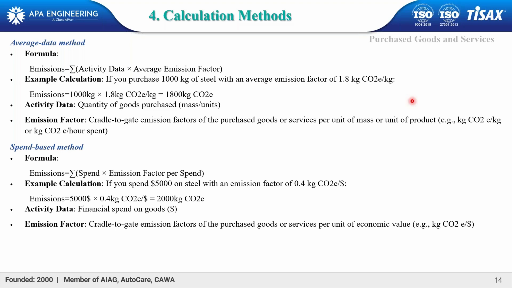Finally, the spend-based method. This method simplifies calculation by using financial data, which is particularly useful when the physical activity and other data is unavailable. For example, spending $5,000 on steel, which has an emission factor of 0.4 kgs of carbon dioxide emitted per monetary value, the emission in this case will be 2000 kgs of carbon dioxide emitted.